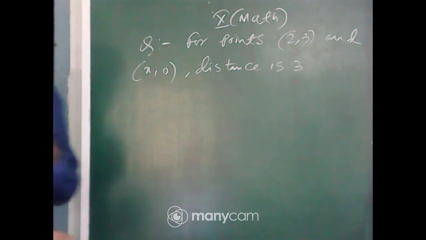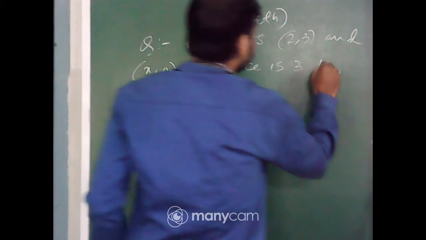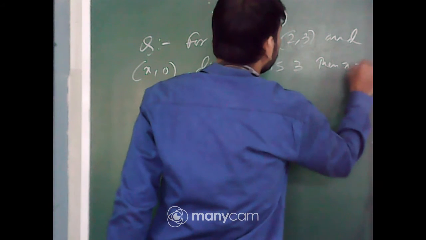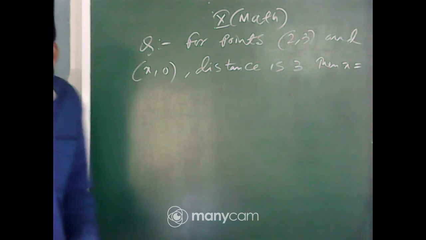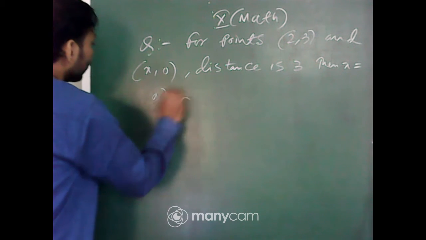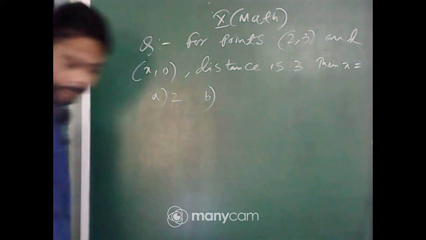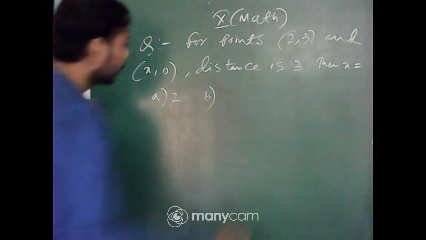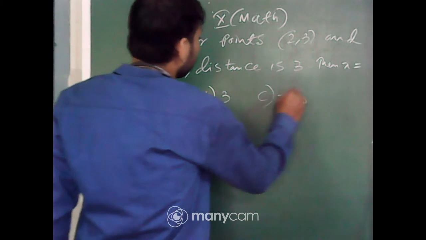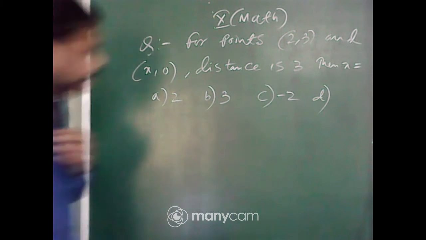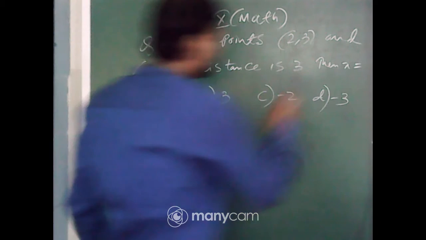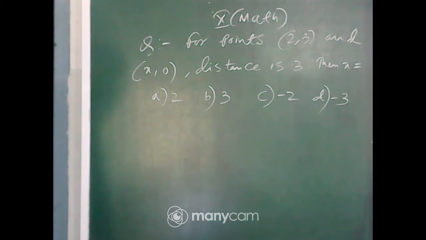Then you have to find the value of x. Option A: 2, option B: 3, option C: -2, and option D: -3. You just do it in your copy and tell me the answer.